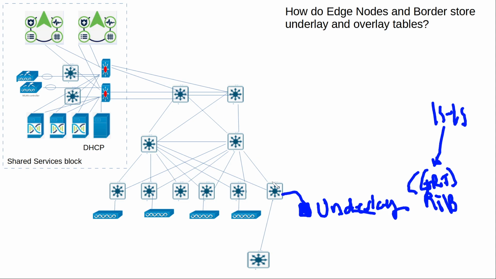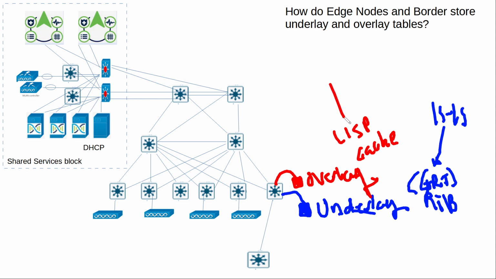But given these devices also are living in or performing duties in the overlay, they will have another database that comes from the overlay. This database will be the LISP cache. And obviously this comes from LISP.